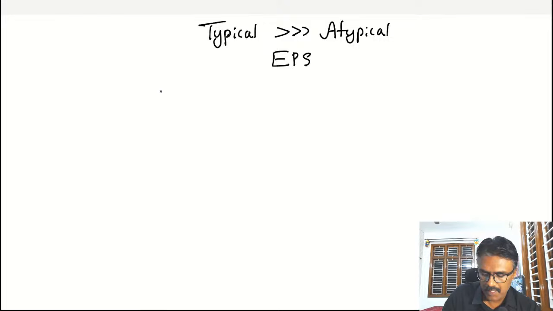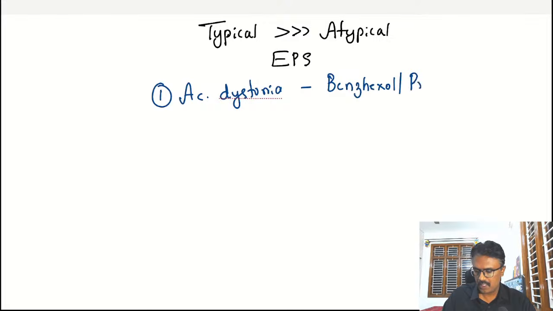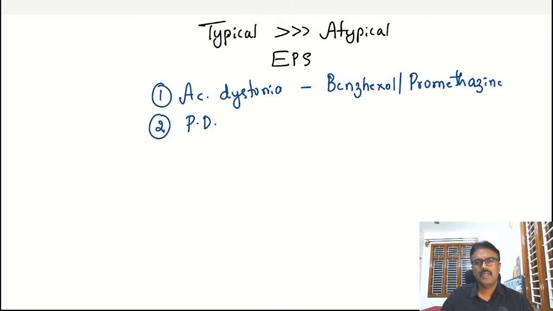So the first problem that happens when you give typical antipsychotics is acute dystonia. Suddenly the neck will turn to one side. So the drug for that is benzhexol, also called trihexyphenidyl, or you can use a drug called promethazine. Suppose you give a typical antipsychotic to an elderly patient, they develop Parkinson-like symptoms, drug-induced Parkinson disease.